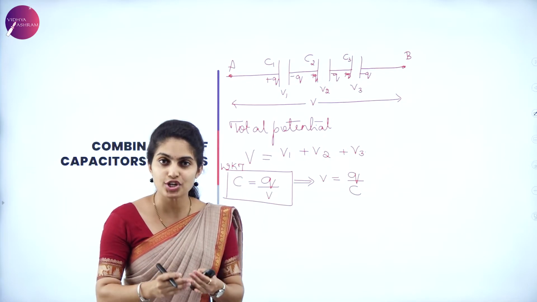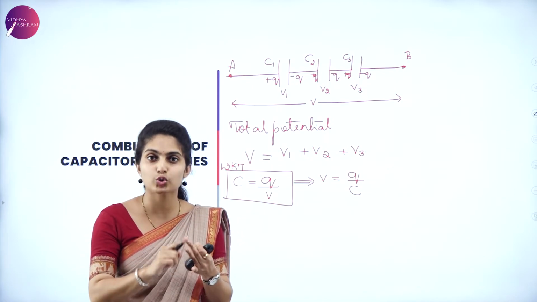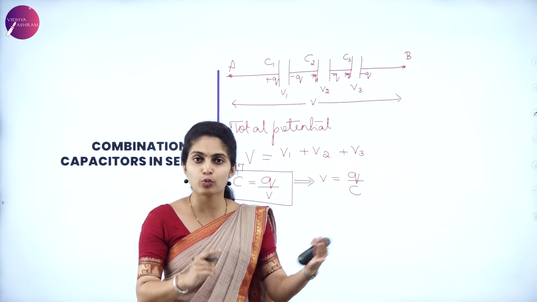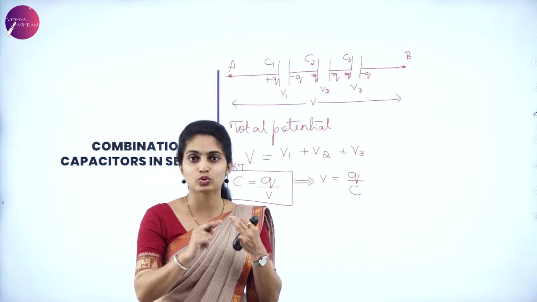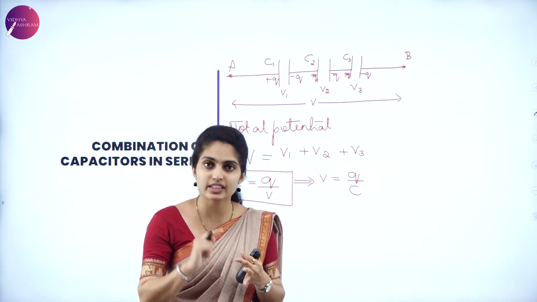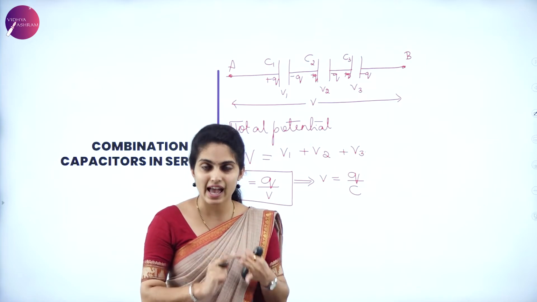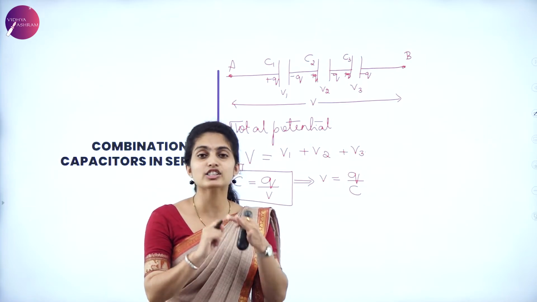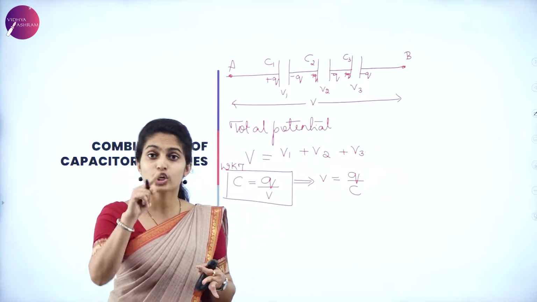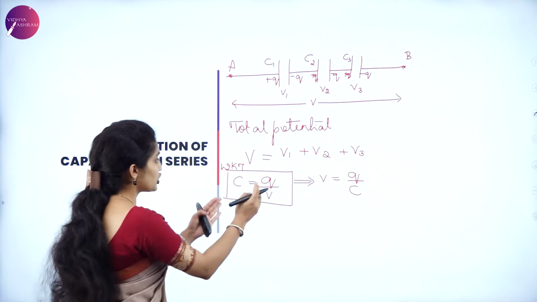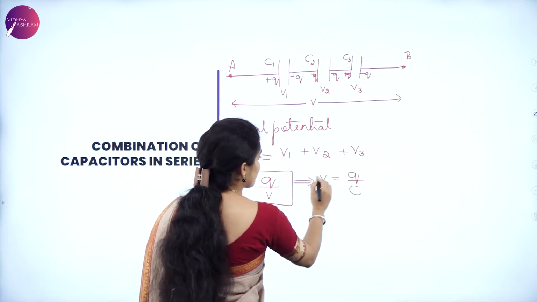Only the variation you can see is in V1, V2, V3 as it moves through C1, C2, C3, which have certain capacitances and potential differences V1, V2, V3.